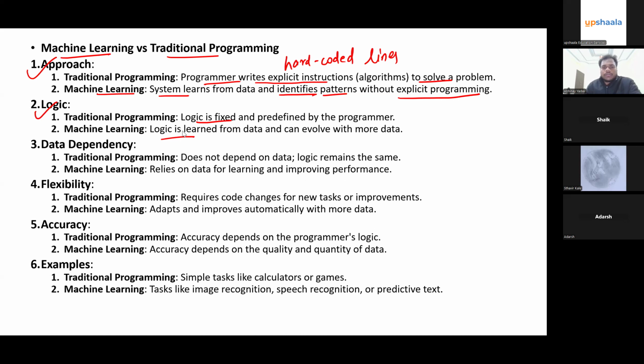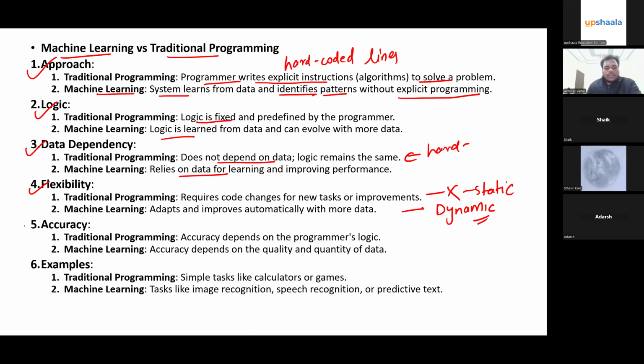Data dependencies: if we are hard coding this, it is not dependent upon the data, and machine learning will definitely be dependent upon the data. In case of flexibility, hard coding is not flexible because it is static, not dynamic, and machine learning is dynamic, so it will be flexible in nature.